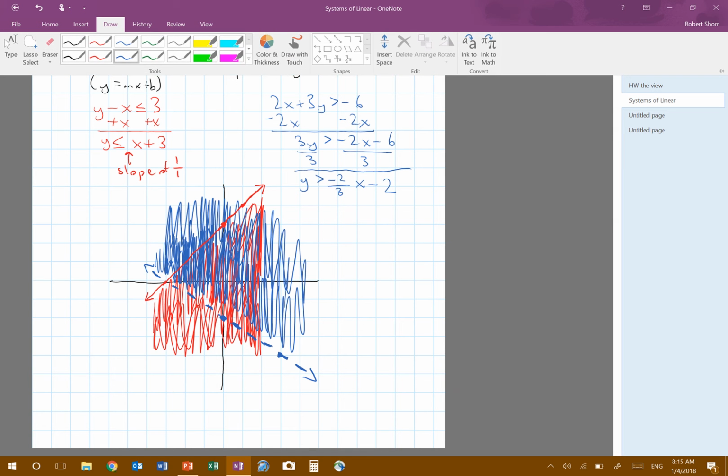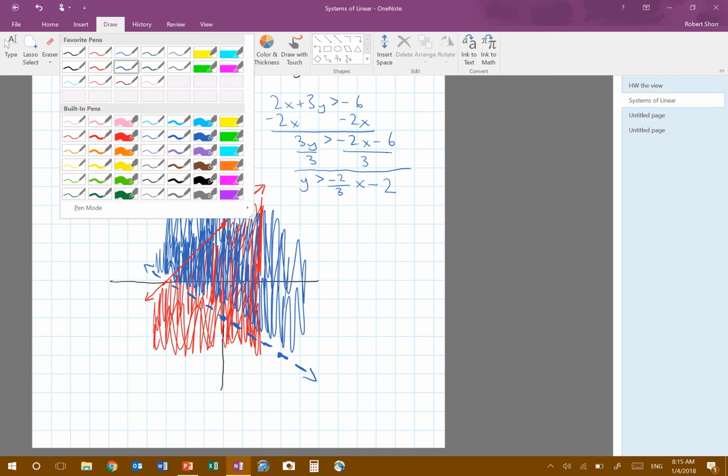And this area, if you were using colored pencils, this would actually do something. The colors would actually mix, and that's what we want.